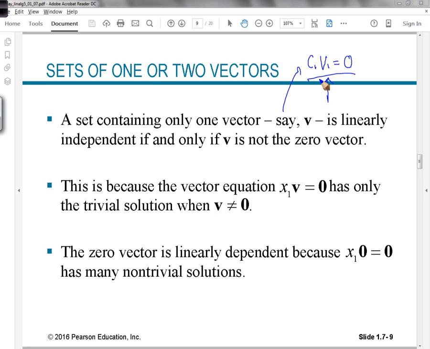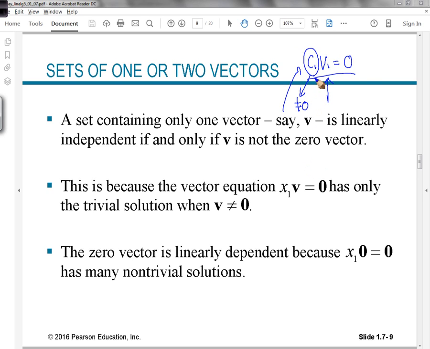In that case, we only have one coefficient, so the only way to have a non-trivial solution is to set this one as non-zero. If we have a vector of c's, at least one of them should be non-zero, but we only have one, so that one should be non-zero.